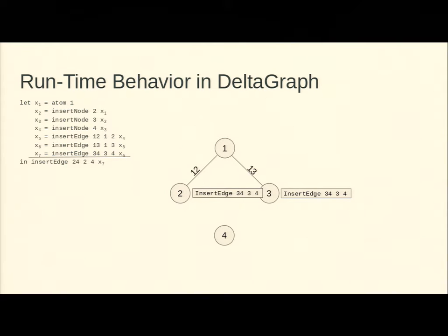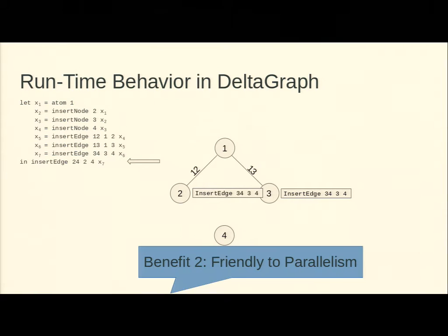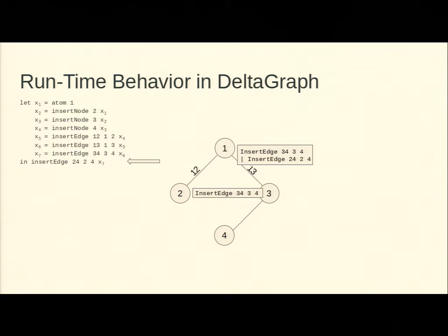And so delta lists are distributed in that every subgraph of the graph has its own delta list. So this is friendly for parallelism. So for example, right now, if we're about to insert an edge, 2 4, we can memoize that at the root, and also node 3 could realize this node 4.